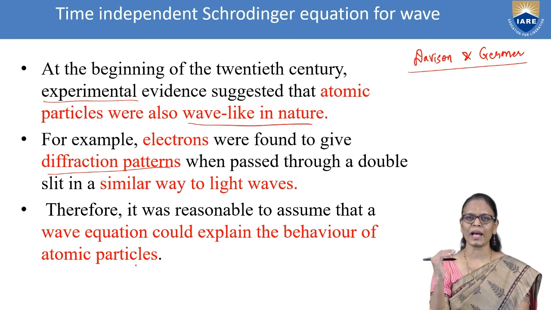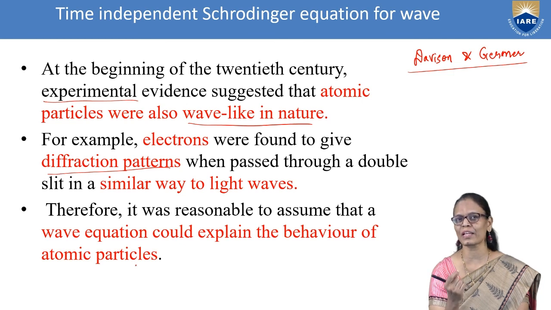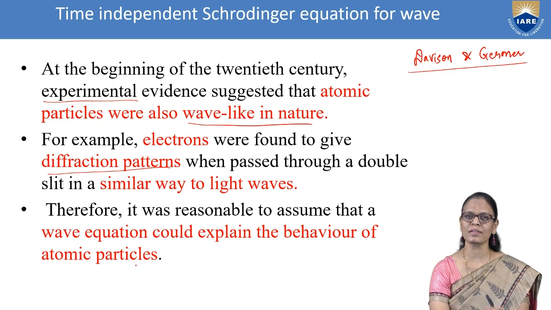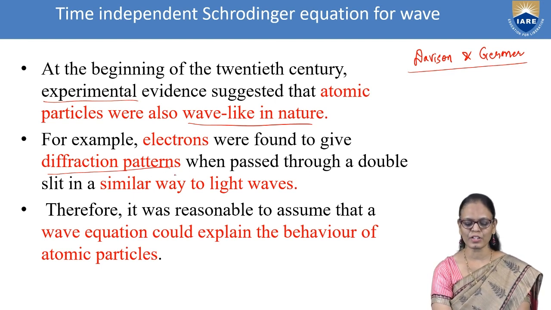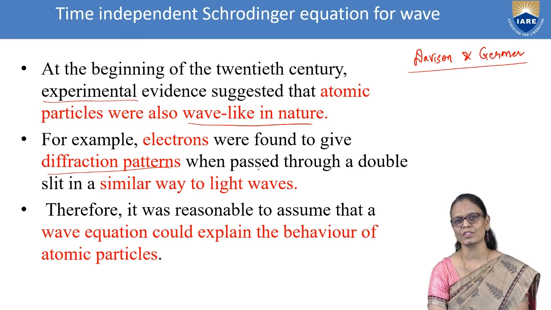That means when light falls on an obstacle, and if the size of the obstacle is very small, of the order of the wavelength of light incident on it, then it undergoes diffraction, that is bending. Now, when electrons are also showing diffraction patterns, they said that it should possess wave nature.